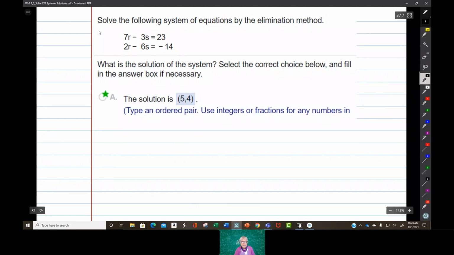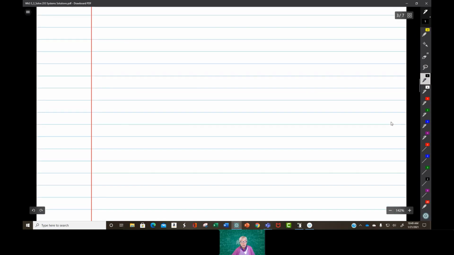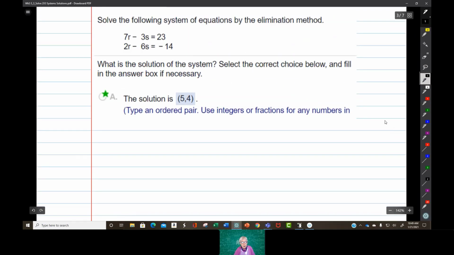Now here we have another system. Notice it's not x and y. So what I'm going to do is come down here. 7r minus 3s equals 23.